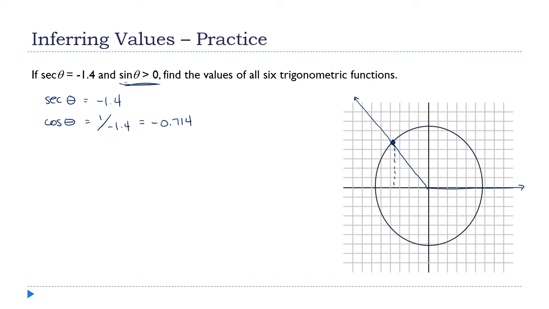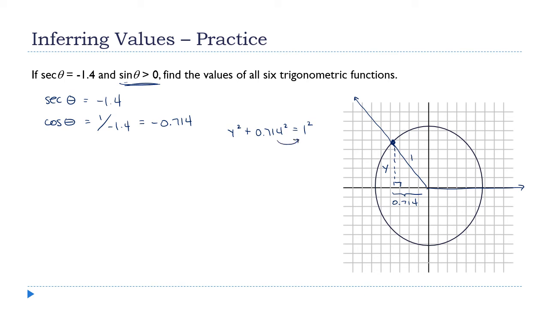Right, and what do I know about it? I know that this distance here is 0.714. The hypotenuse is 1, right, because unit circle. So I want to find that y coordinate. I want to find this distance. And again, right, we've got a right triangle here, so I'm going to use the Pythagorean theorem. y squared plus 0.714 squared equals 1 squared.